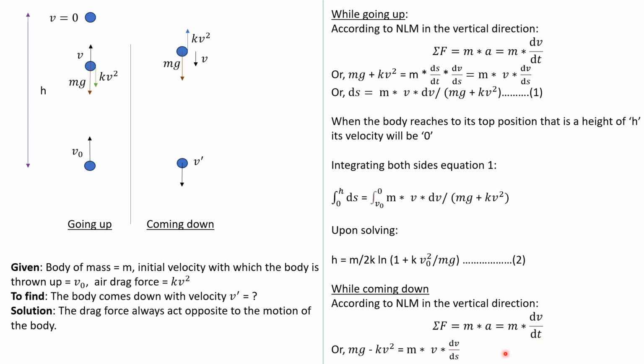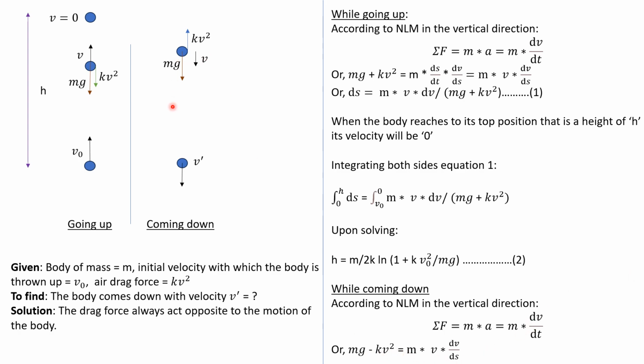Again we do the same thing, m into dv by ds, because we have h now in our hand. So h we can use in this equation, and in terms of h we will come to know v dash.